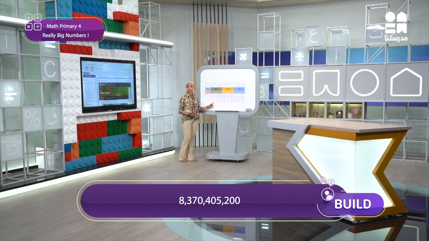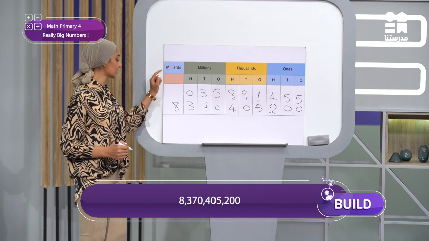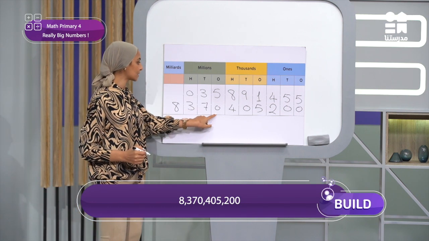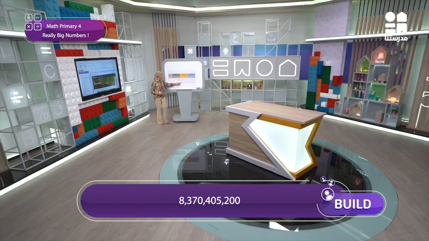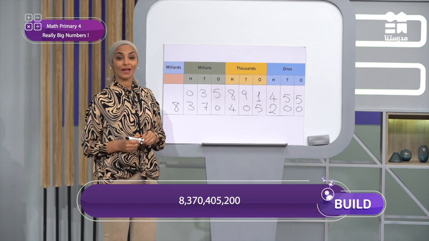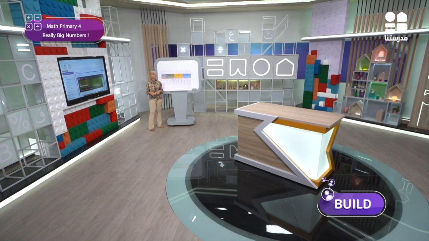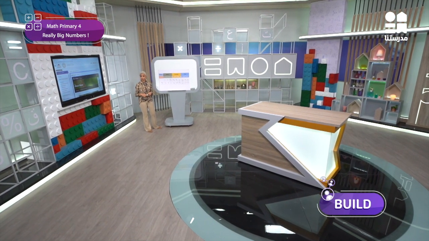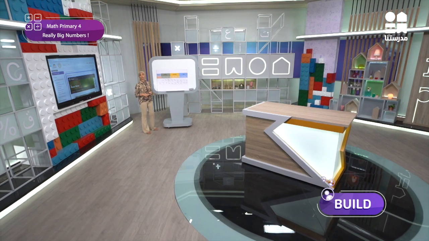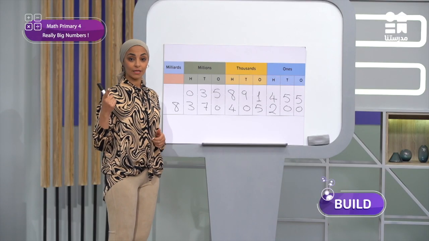Now, can you read with me this number? Yes, 8 what? 8 milliards, 370 millions, 405 thousandths, and 200. Yes, I can hear all of you, and you're super students. Okay, now we have reviewed the place value chart. So far, we wrote and read new number periods, the millions, and the milliards.